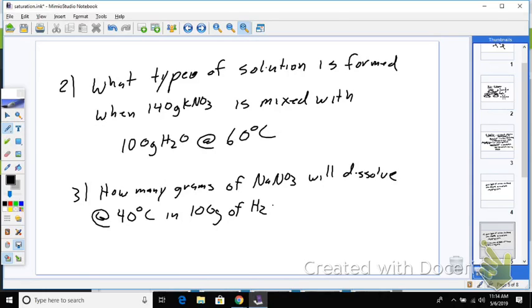Now, if you guys notice, I'm always prefacing with 100 grams. Last year, we don't have time to do it this year, but last year, to make it more complex, I'd say, well, how much can dissolve in 200 grams? If I said that, you're just going to double it, right? You can say, well, I can dissolve twice as much.